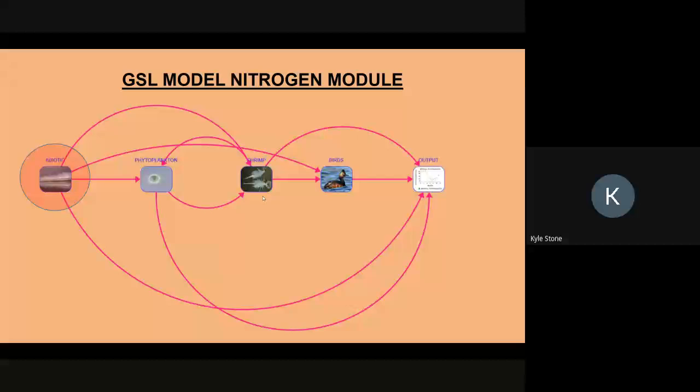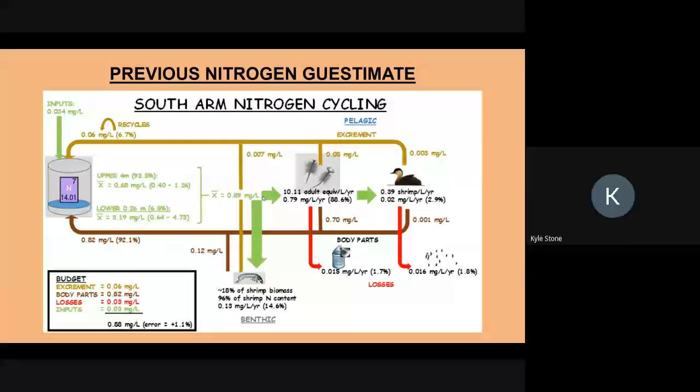Okay, the main thing I want to focus on today is the Great Salt Lake model for nitrogen built into our ecosystem model. It's built into the abiotic module of the Great Salt Lake model. From past meetings, you saw where I did quick back-of-the-envelope calculations of where nitrogen was going in pools in the lake.